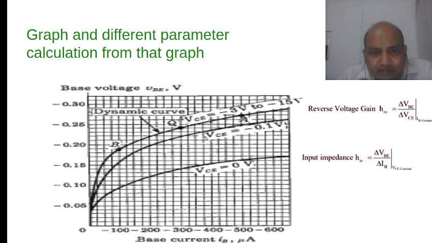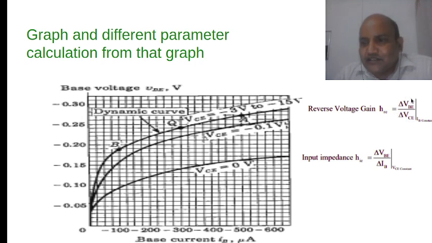What about the VBE? VBE is 0.25 here, 0.25 here, means less than some value. Consider that 0.24 at this point. So delta VBE is about 0.5 minus 0.2, and here 2.9.